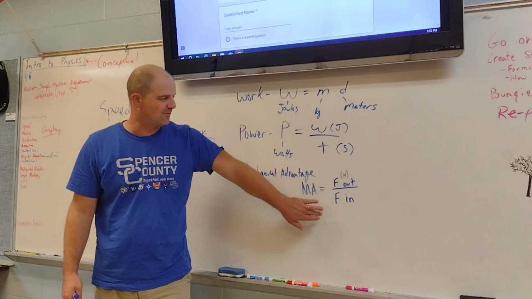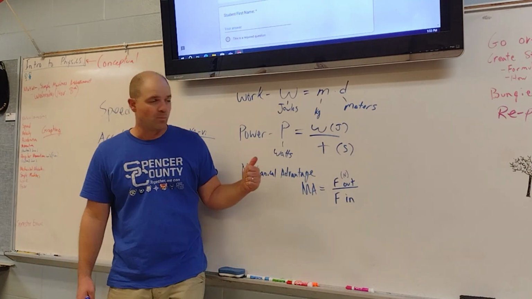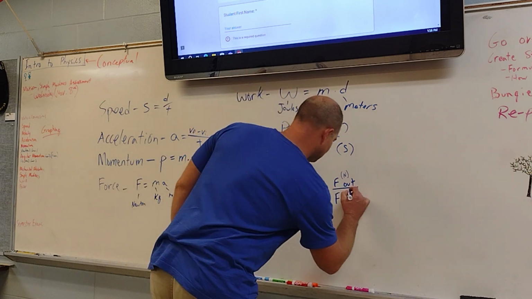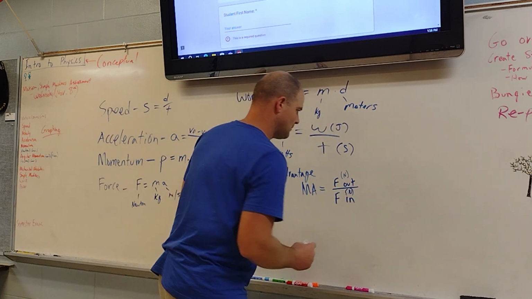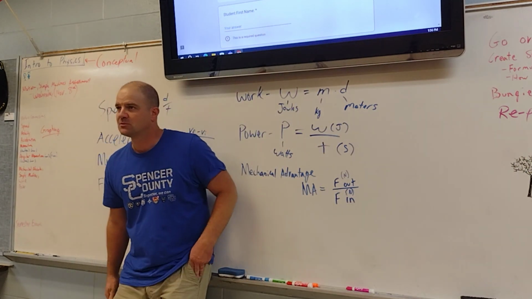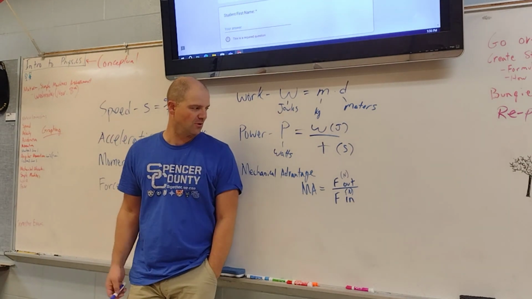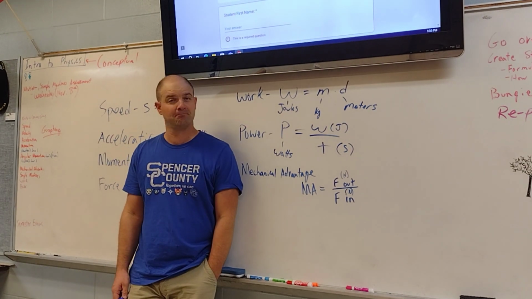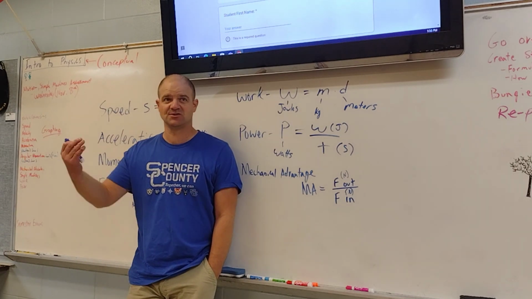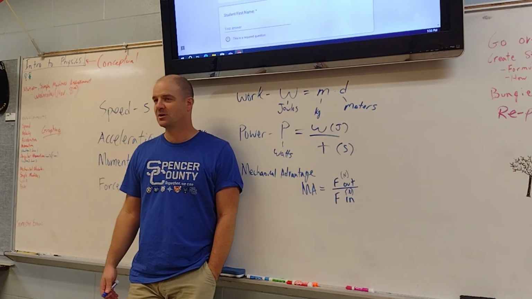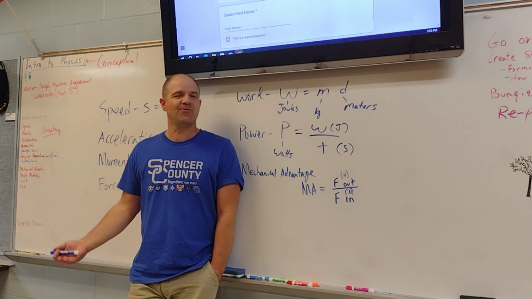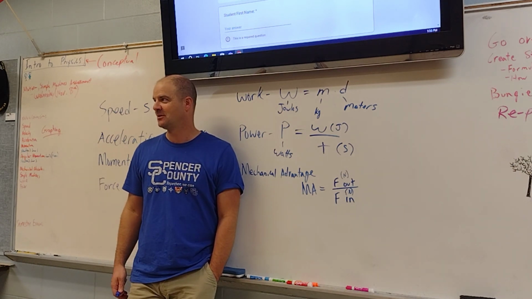So force out divided by force in is mechanical advantage. Because you're dividing newtons by newtons, those go away, right? So what are your units going to be for mechanical advantage? You're just going to say the mechanical advantage is 2 or 10 or 1/5 perhaps.